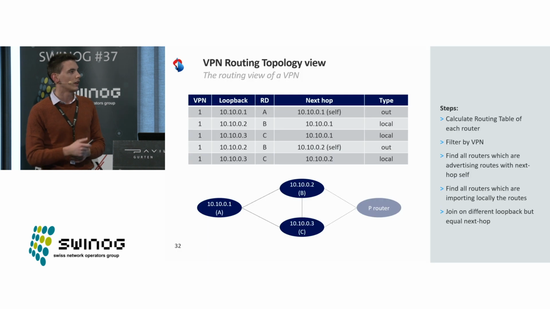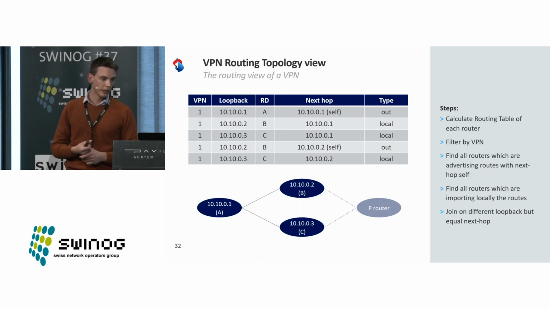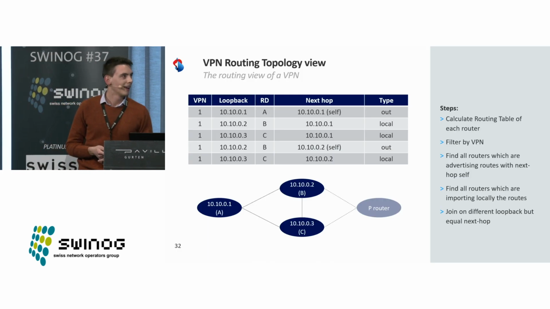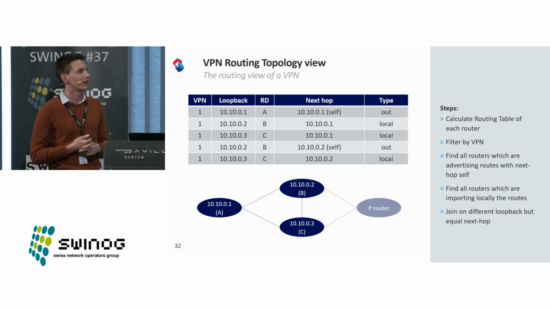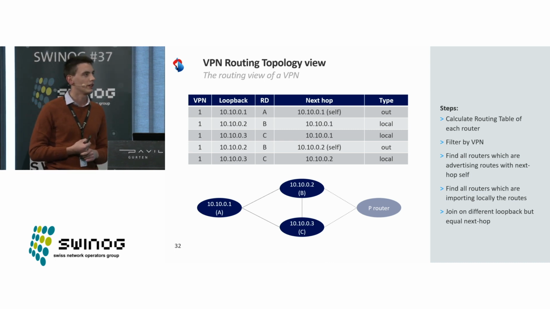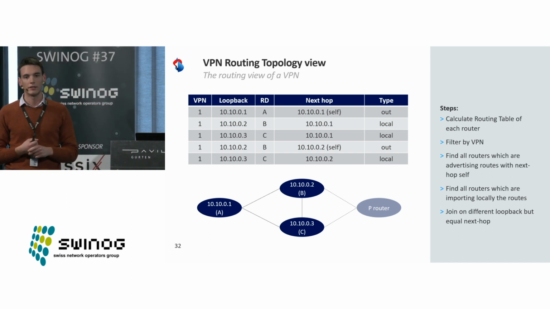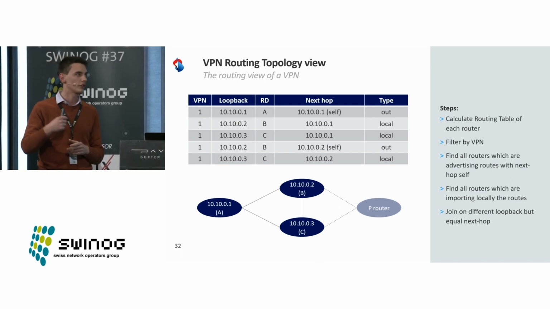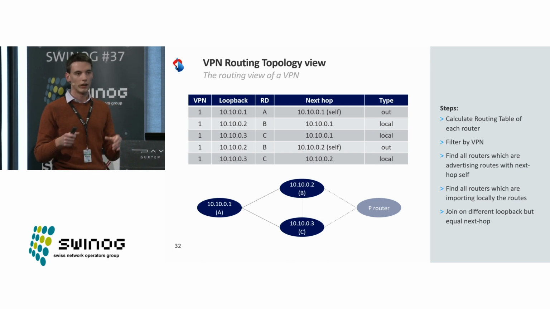So again, how do you do that? Here we have to add a couple of columns. First, next hop, which of course we all know what it is, and then the type, and this is actually basically the RIB. So if it's out, it means that we shared this information with some neighbors.